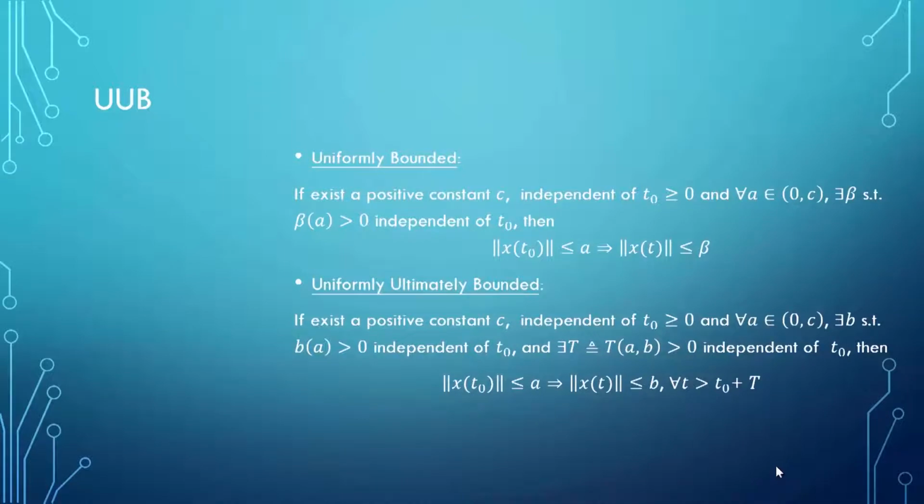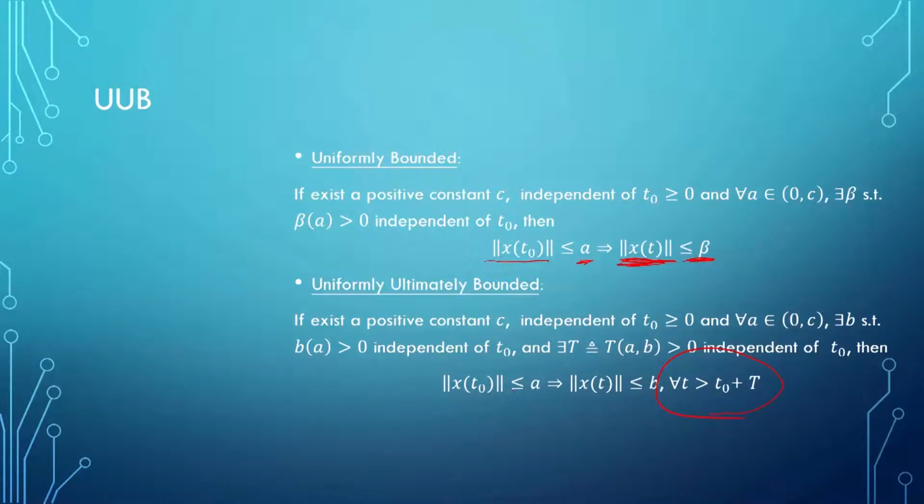Okay, so here are two definitions. One is uniformly bounded. One is uniformly ultimately bounded. What's the difference? The difference is in here. Uniformly bounded means if you start from a radius smaller than a, then the norm trajectory is always bounded by beta.